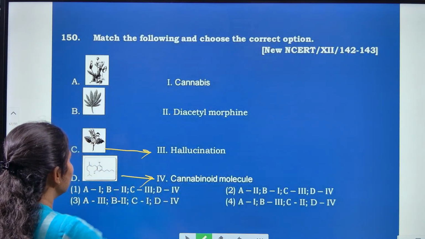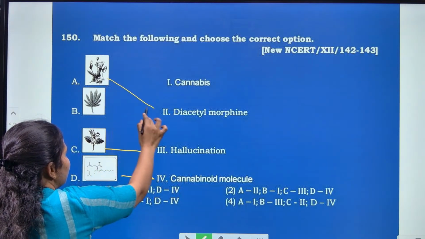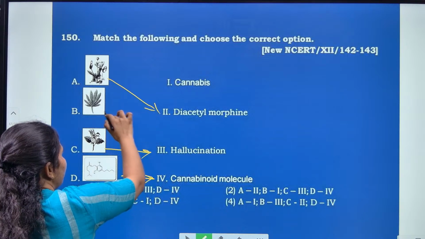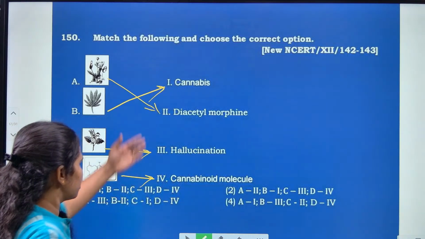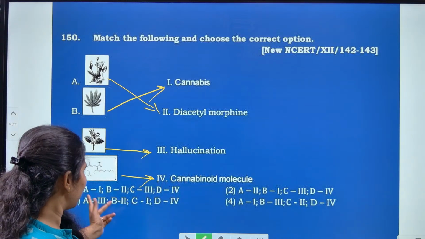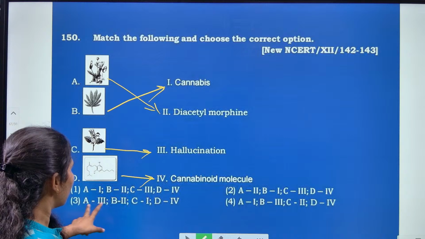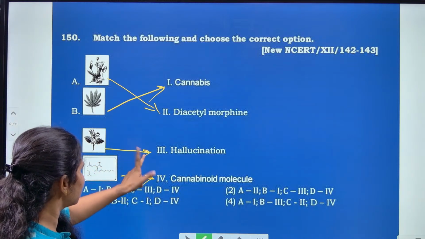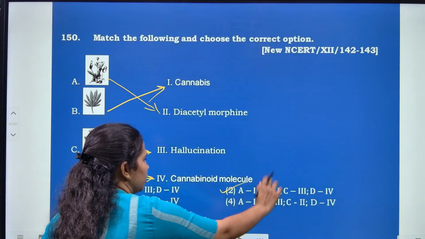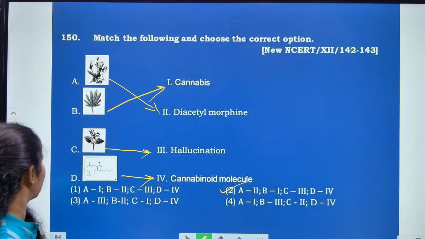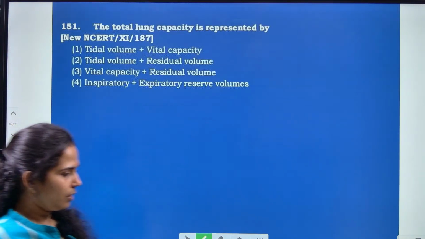Then the first one is diacetylmorphine, and this is going to be cannabis. So I have matched it here. You can just check with the questions here. A is with 2, B is with 1, C is 3 and D is 4. I think this is going to match what I have matched. Right.